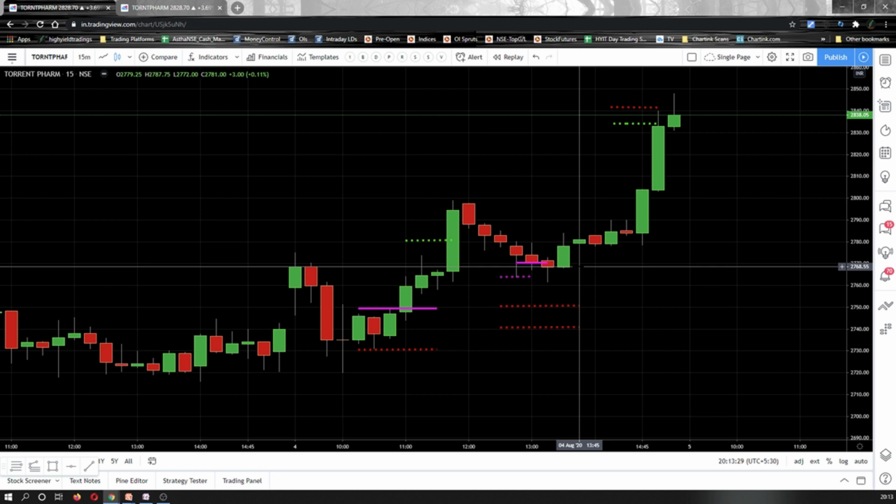Doesn't matter how much patience you need to have, doesn't matter how much time you have to wait in the market to get the right entry. Whenever you are entering a trade, that should be a right entry. If you make the right entry, everything else will be taken care of automatically. So I hope that was helpful, guys.